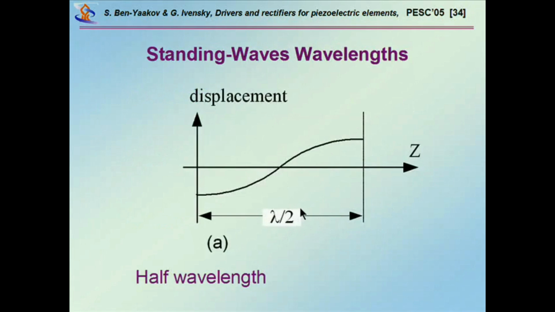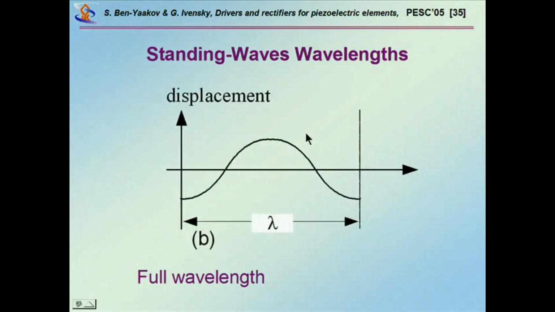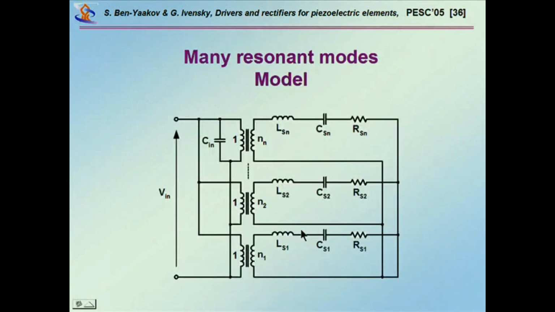Furthermore, the resonance could be half wave or full wave, and therefore in a real situation we have many resonant elements coupled to the input. Of course, the dielectric capacitance is 1, and all these would affect the behavior if we are working at a frequency which is close to this resonance.